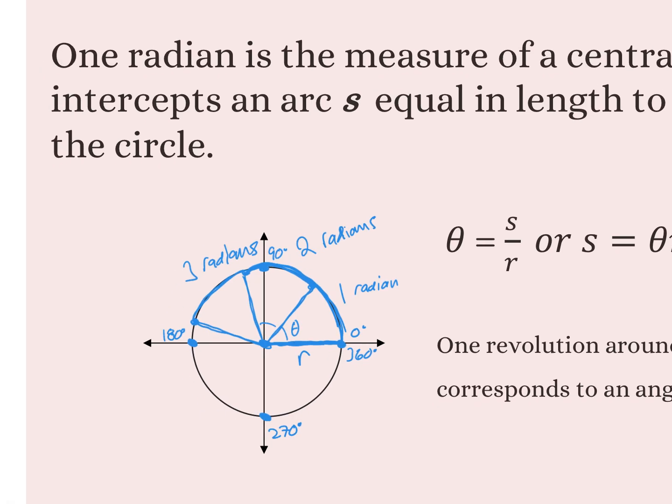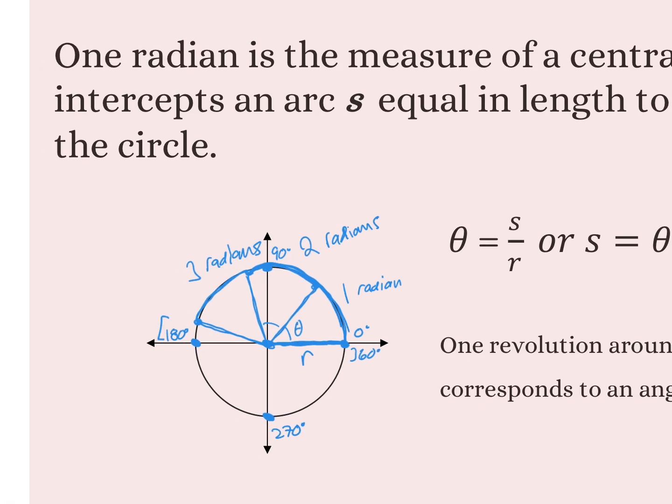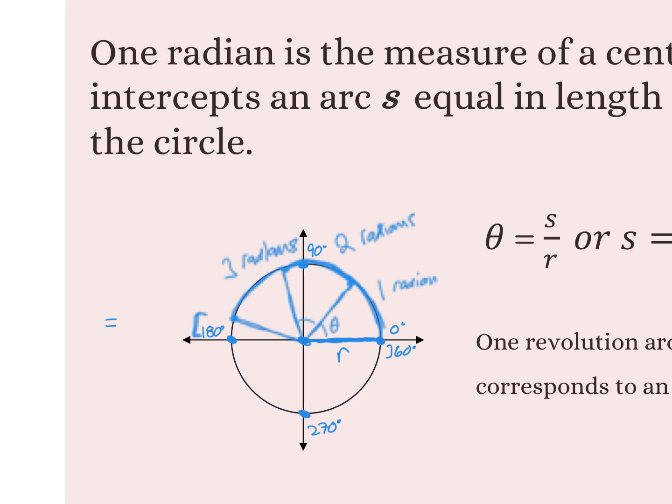All right, and then this little bit right here, I did that on purpose, is going to equal 0.141592, and so on and so on. And then you can see that half of this circle makes 3.141592, whatever, radians, right?